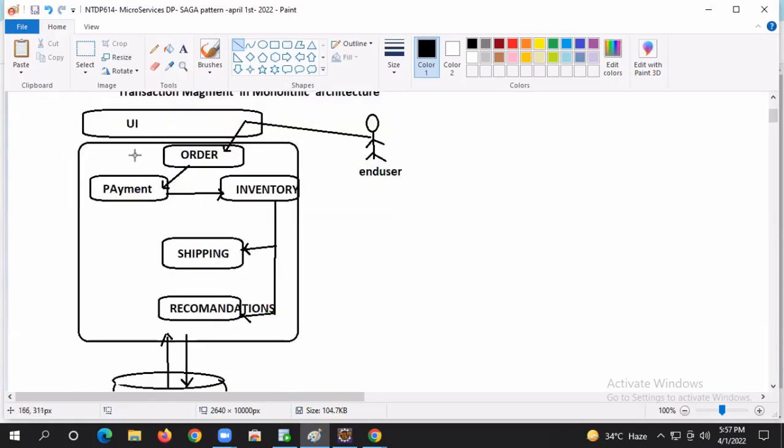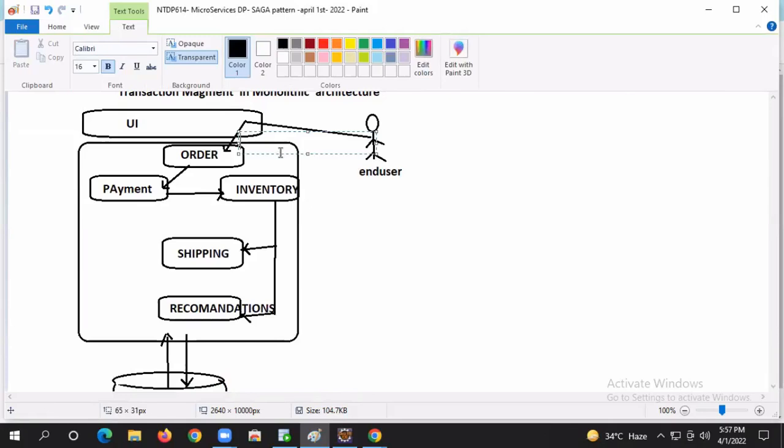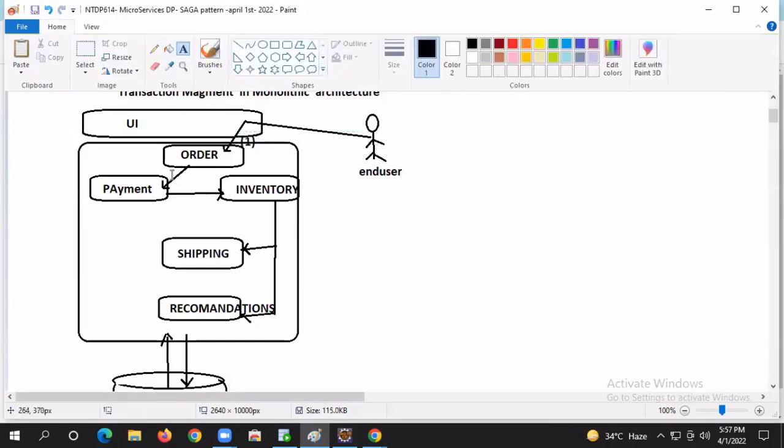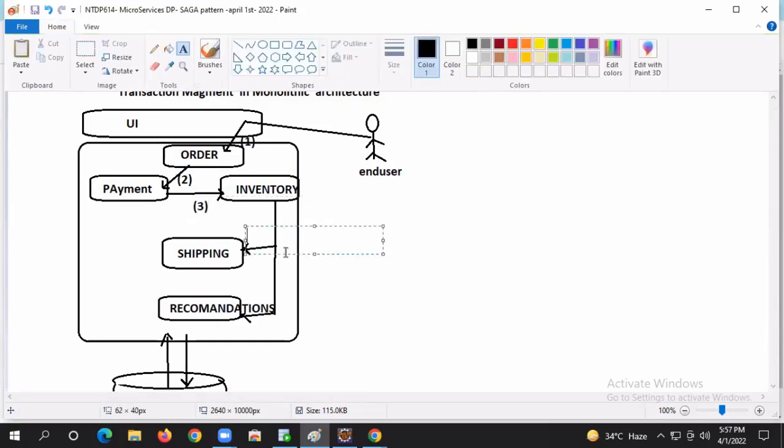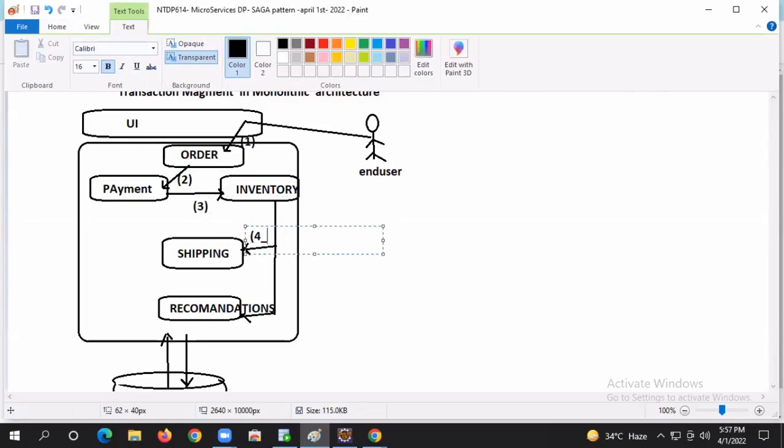Now, what is this? Talking to order is number one. Talking to payment is number two. Talking to inventory is number three. Talking to shipping is number four.